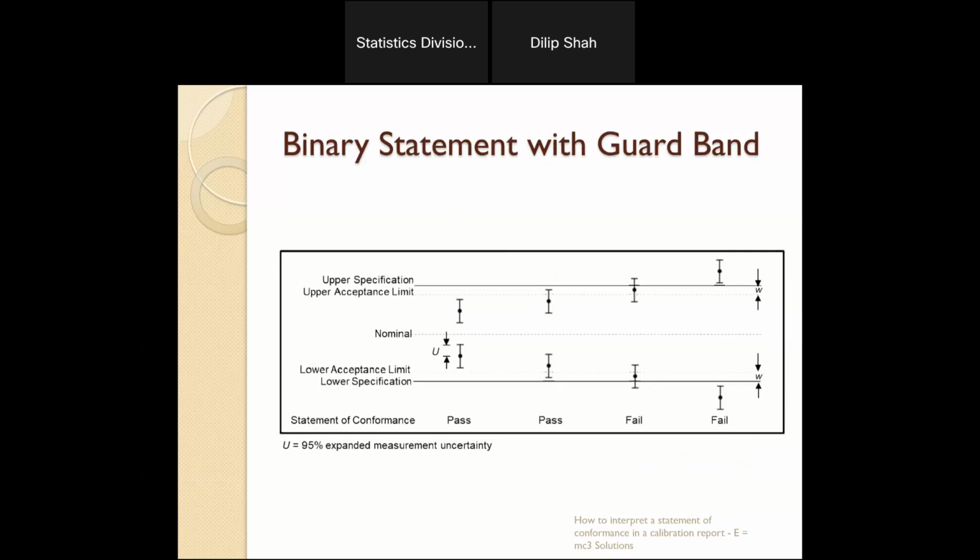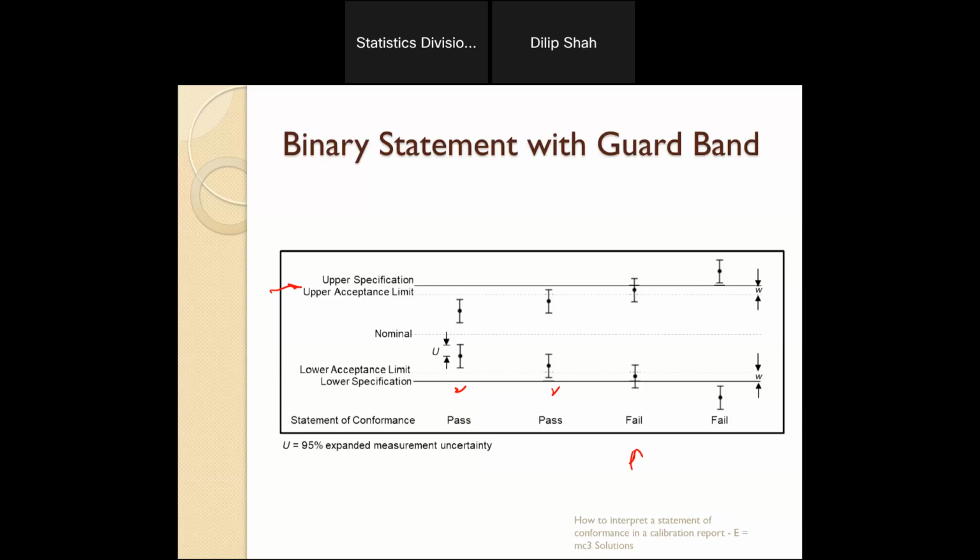Now, we're still doing the binary pass or fail, and we're saying, okay, this passes, second one passes, taking the uncertainty into account, but we are using the acceptance limit. In the third scenario, the measurement is beyond the acceptance limit but within the specification limit, so it fails. And then the fourth one, the measurement is beyond the specification limits and it fails.